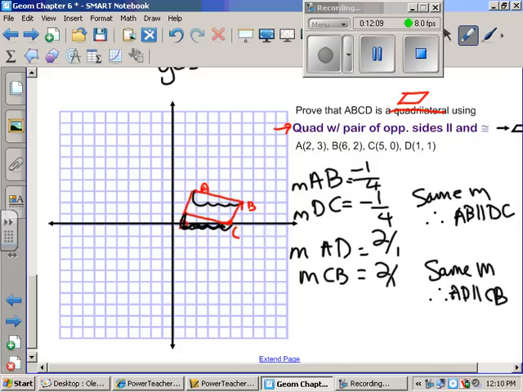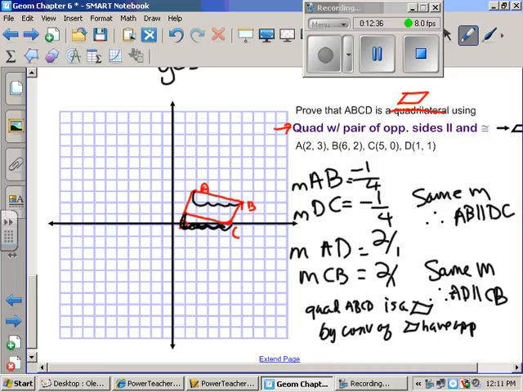All right? And so I can say that quadrilateral ABCD is a parallelogram by the converse of parallelograms have opposite sides parallel.